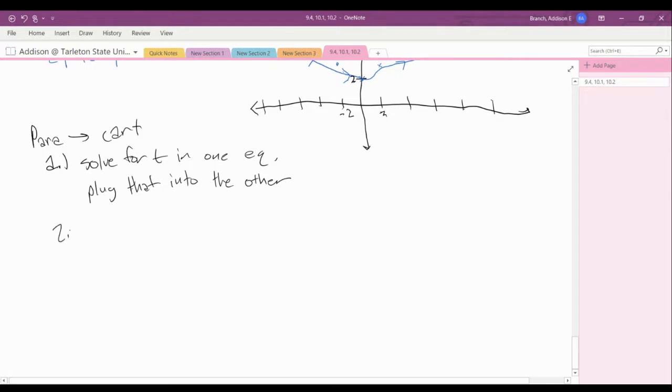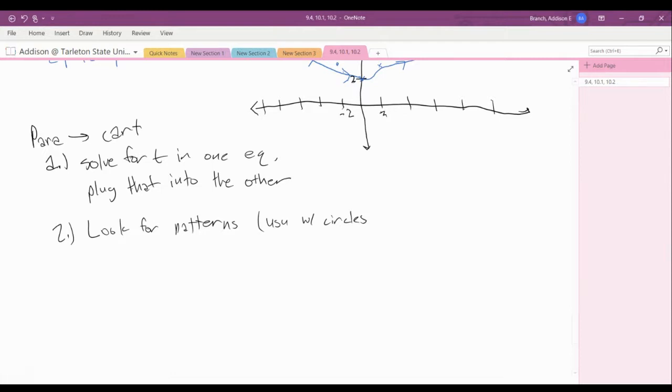Sometimes you may also be able to look for patterns, usually with circles, because that's usually a pretty special case. So circles is the main one you would usually see this with.